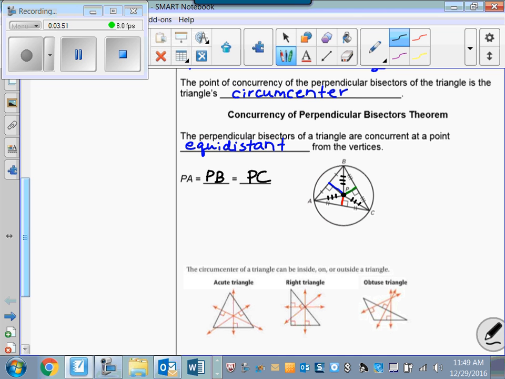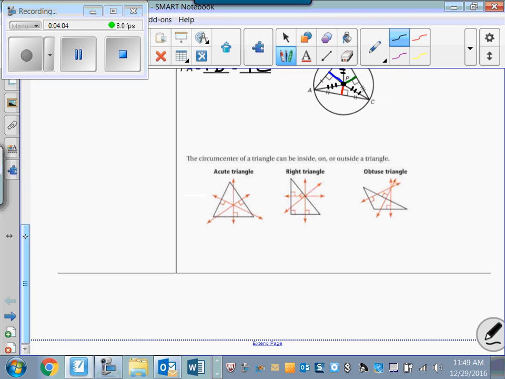All right, now, it doesn't matter what kind of triangle it is, acute, obtuse, right triangle, the circumcenter will always be equidistant. However, what you must remember is that depending on the kind of triangle you have, your circumcenter may be inside the triangle. If you got an acute triangle, it's inside.